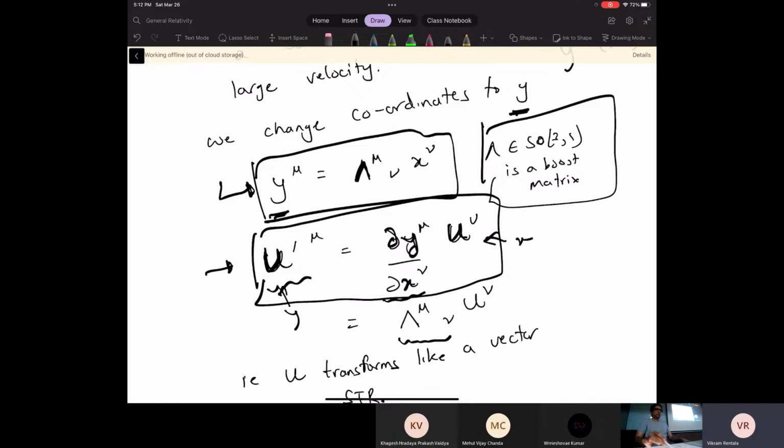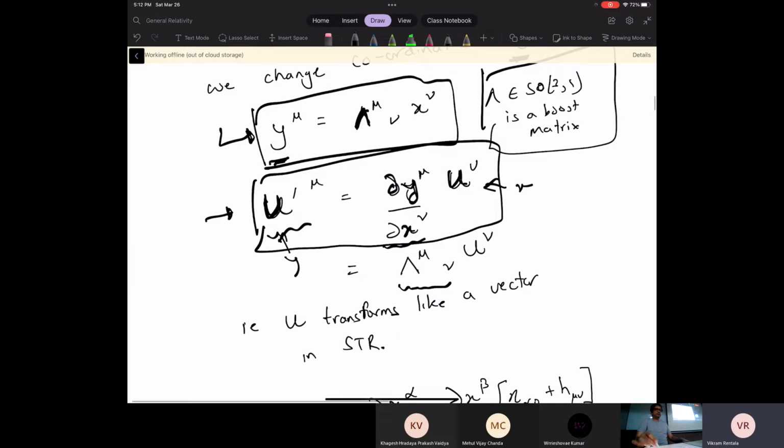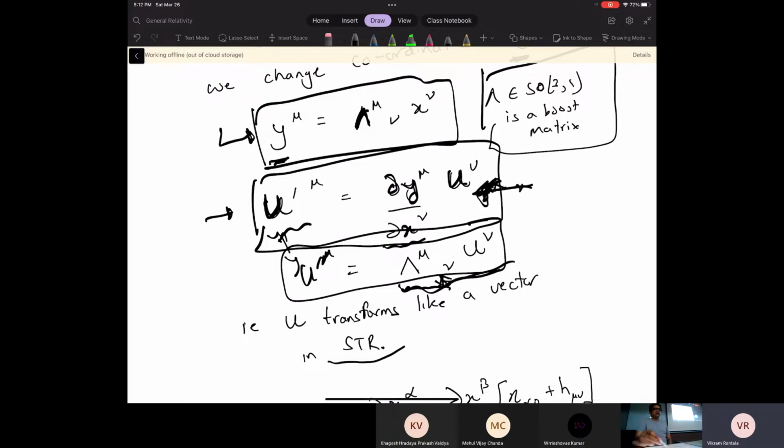So what this tells me is that the dictionary for general relativity in the case of this particular transformation is just the same as the dictionary that we had in special relativity. The dictionary for how vectors transform in special relativity was that they transform with a lambda matrix. Under this special class of restricted coordinate transformations, the law for general relativity gives you exactly the law of transformation in special relativity.